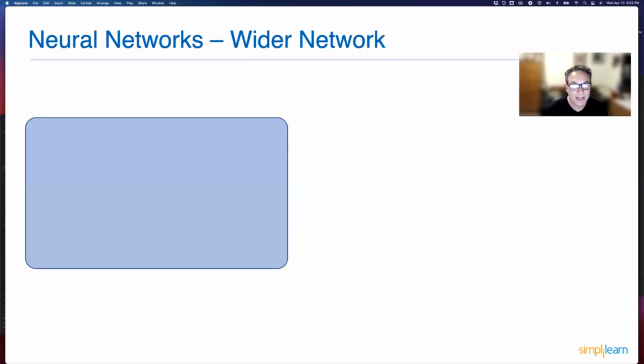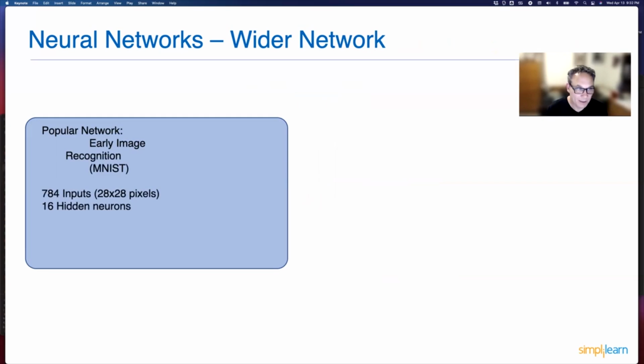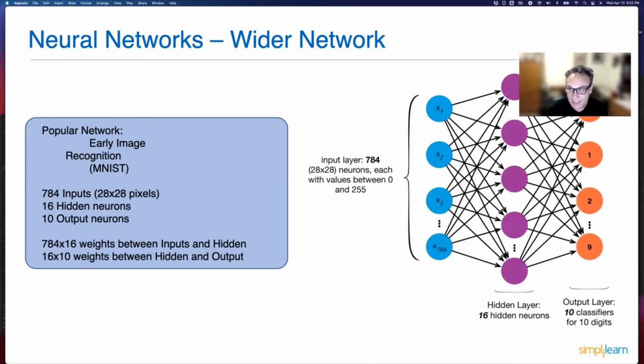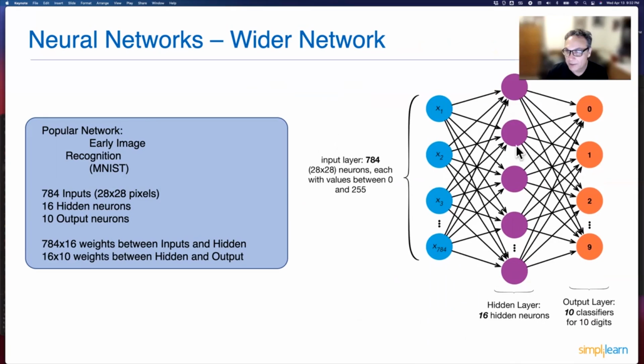Okay, so now let's look at a wider network. And the application for a wider network, you get much more interesting things out of it. This is also a 2-layer neural network with, these are the inputs, and this is the hidden layer, and this is the output layer.